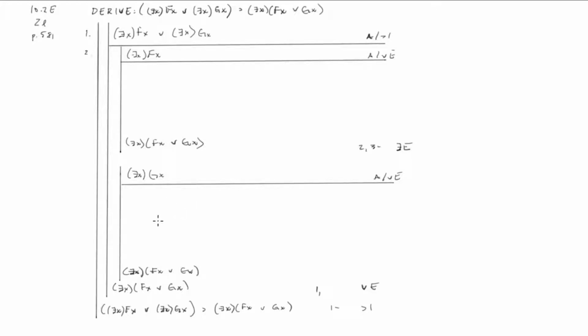And by the way, I'm just going to go ahead and do the same thing in this second subderivation, because we're going to encounter the same problem. We want to move from something is g to something is either f or g, and we cannot do it by wedge introduction. Wedge introduction would give us a disjunction, and our target sentence is an existential generalization. So we're going to end up having to do the same kind of application of existential elimination down here in this second subderivation. Okay, so let's get those scope lines up.